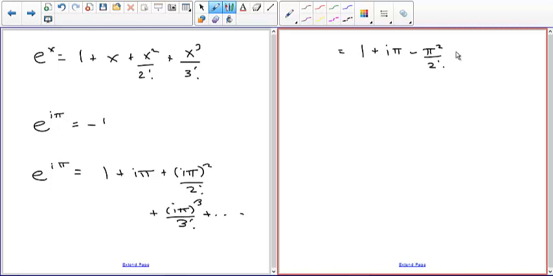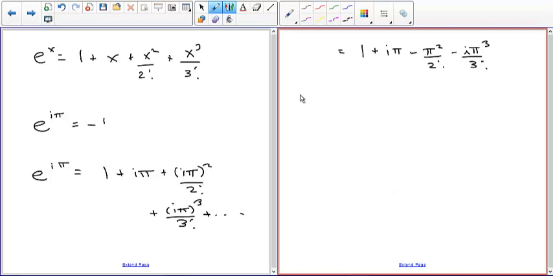And then you have plus i cubed is -i. Did I do it wrong? i cubed is, yeah, -i, because i squared is -1, so then you have -1 times i, which is -i. So you get negative i pi cubed over 3 factorial. And you can kind of follow the pattern along.